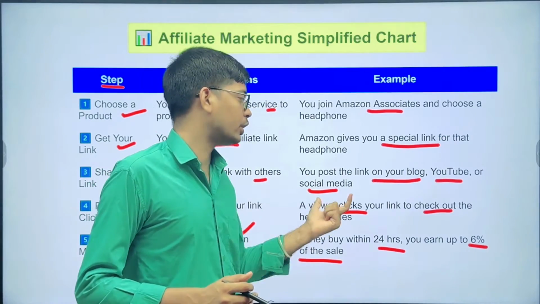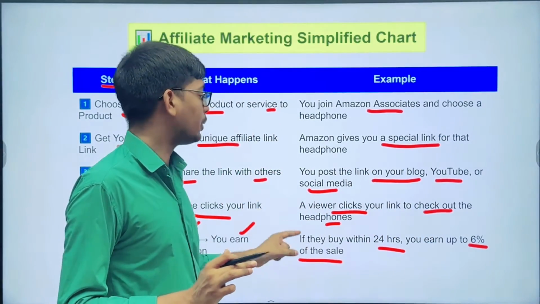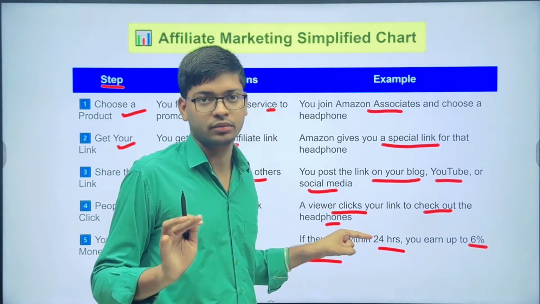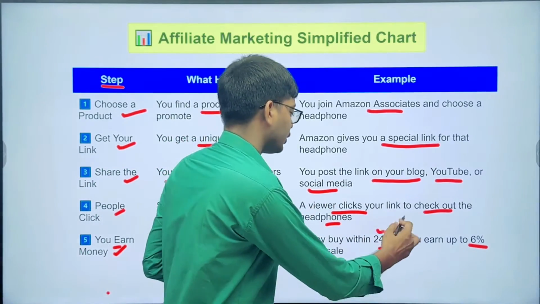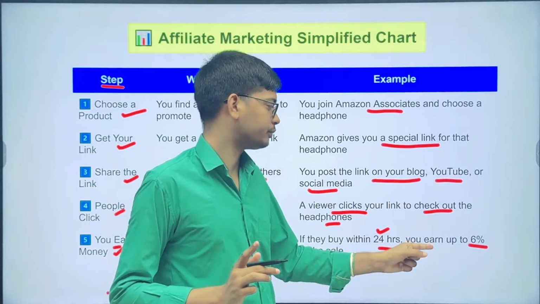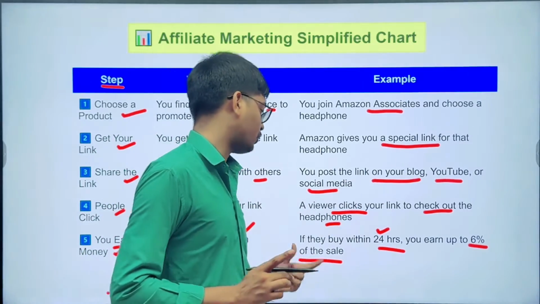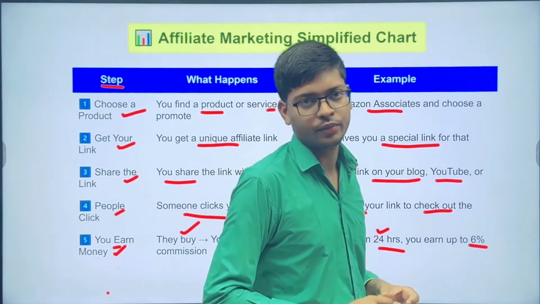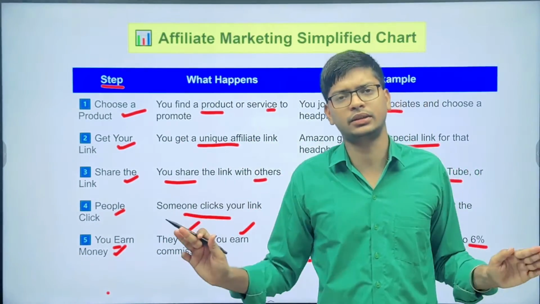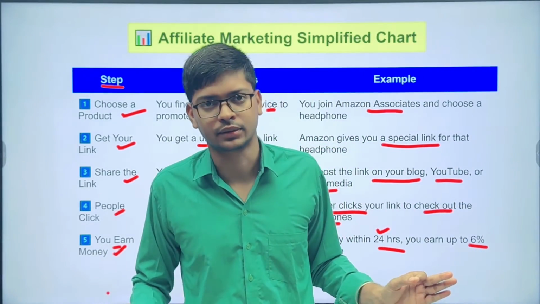A viewer clicks on your link to check it out, and if they buy within 24 hours, you can earn up to 6% commission on the sale. So this is a simple chart, and I think you understand what affiliate marketing is.